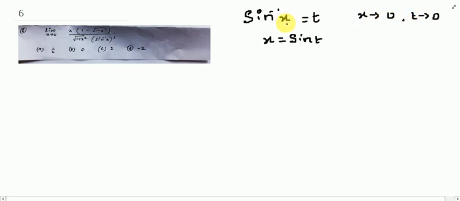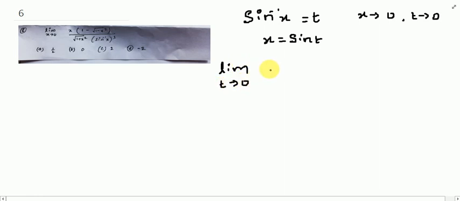Then I can write x equals sine t. And also if x tends to 0, then t also tends to 0, because if x is 0, sine inverse of 0 will be 0. Now if you back substitute these values, it becomes the limit as t tends to 0.